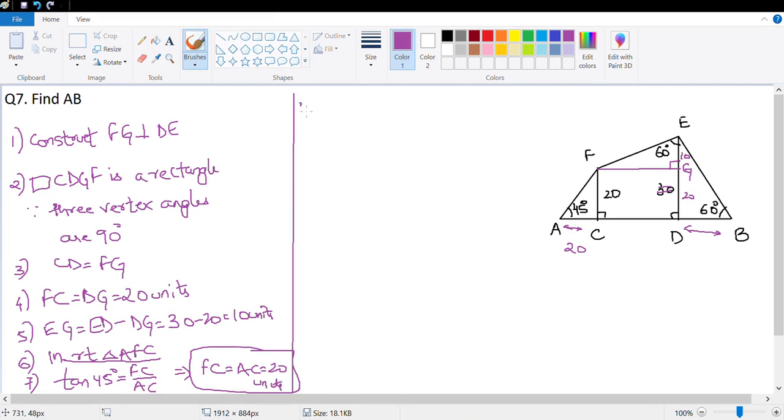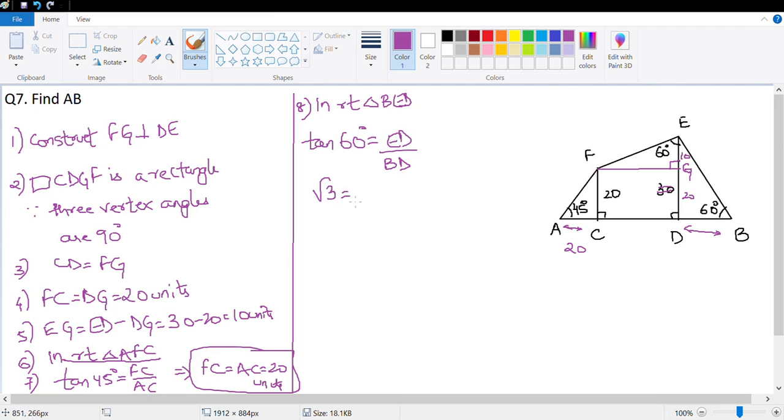Let's look at the next one. So now let's look at the right triangle BED. In right triangle BED, I have perpendicular, again tan. So tan 60 degree would be equal to ED upon BD. Tan 60 degree is equal to root 3.